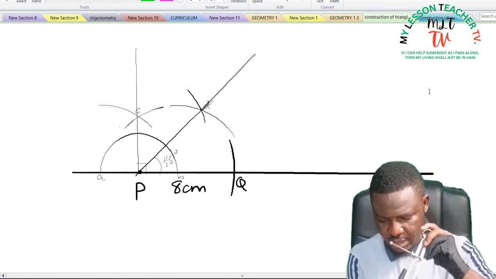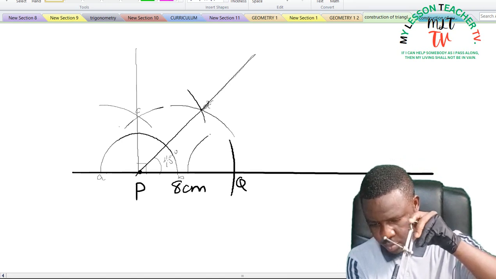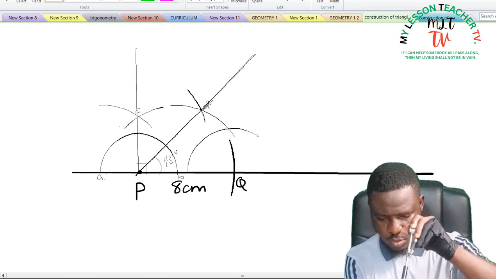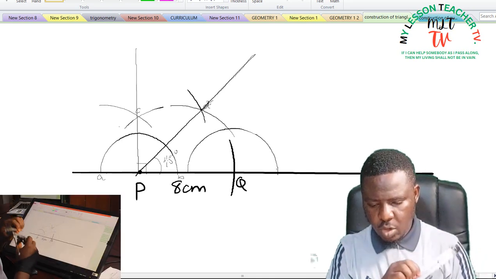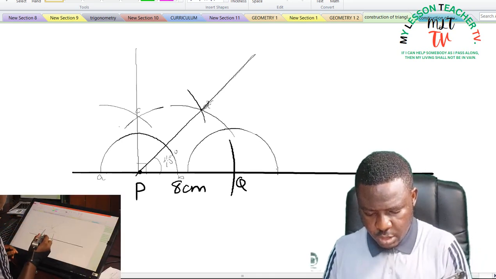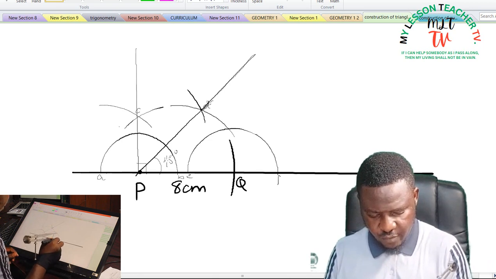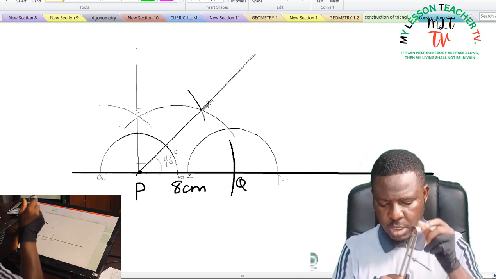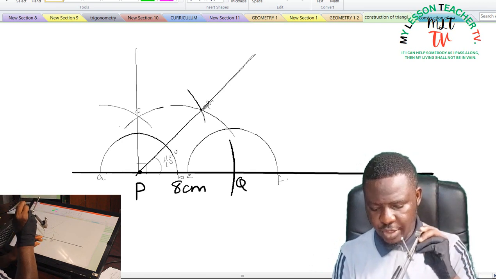So with Q as center, construct a semicircle. So I can call this E and F. Since my angle is towards E, I will not change the radius.